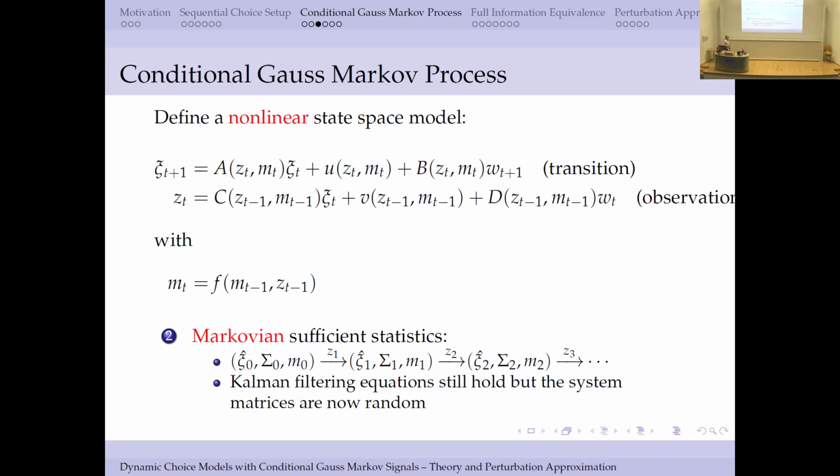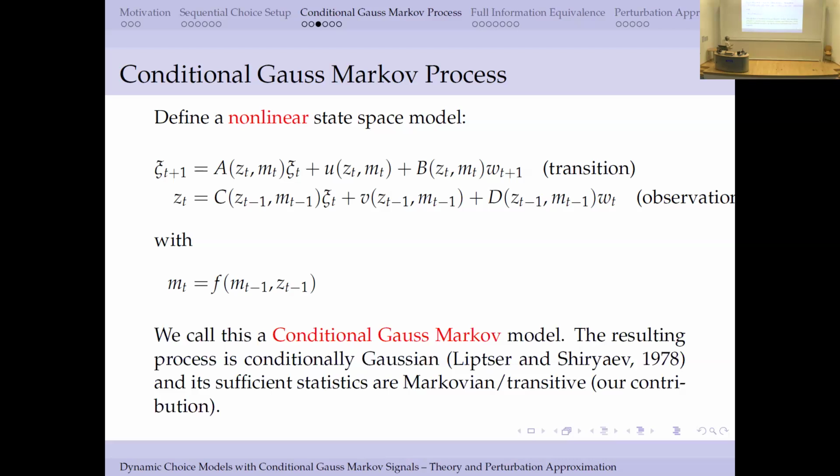So we again are in the setup where we have Markovian or transitive sufficient statistics. You wonder how we calculate these? Well, we calculate them by using the same Kalman filtering equations as in the time invariant case, but we replace all of these matrices with now random matrices that are functions of the observations.